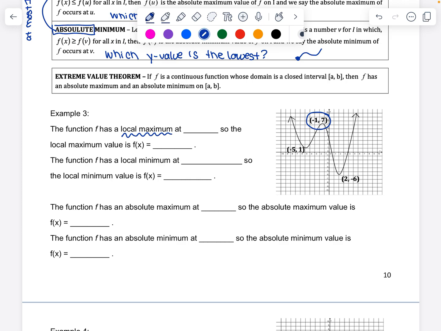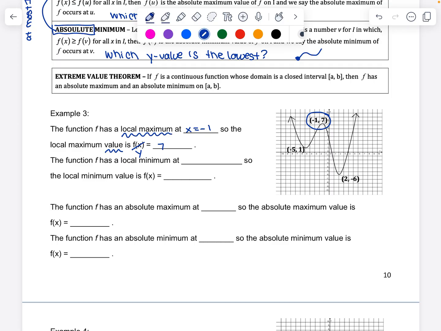This is going to be a possible local max, and it is a local max. We're saying the location is at -1, but the actual value is going to be a y value. The y value is 7, because again, f of x means y. So a lot of times you'll see that language where the local maximum is at x equals -1, so the value is 7. And the value is talking about the y value.